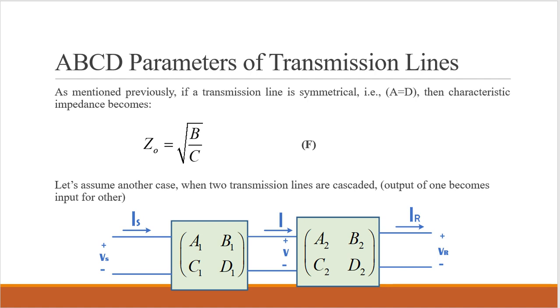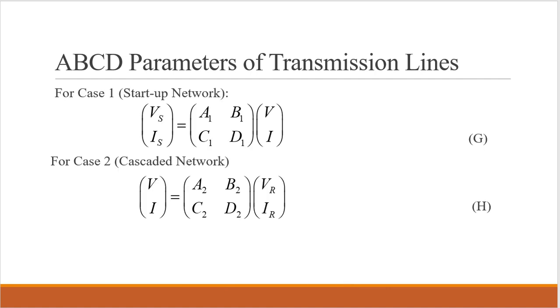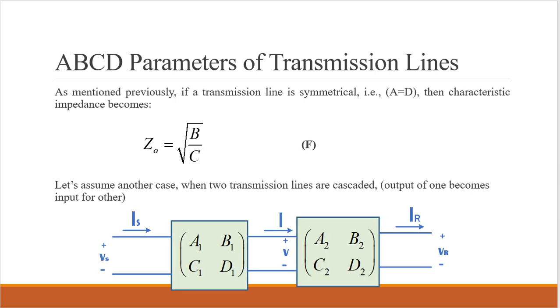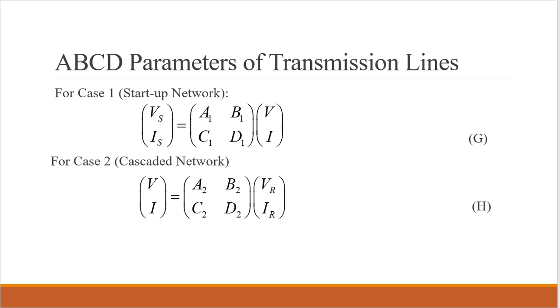These four values are used for making the matrix, therefore I have placed them in matrix form, and after it I have placed the output in the last part. Here VR and IR are representing the output at the receiving end, so I have put these values of VR and IR into this equation, and I have obtained these two equations G and H.